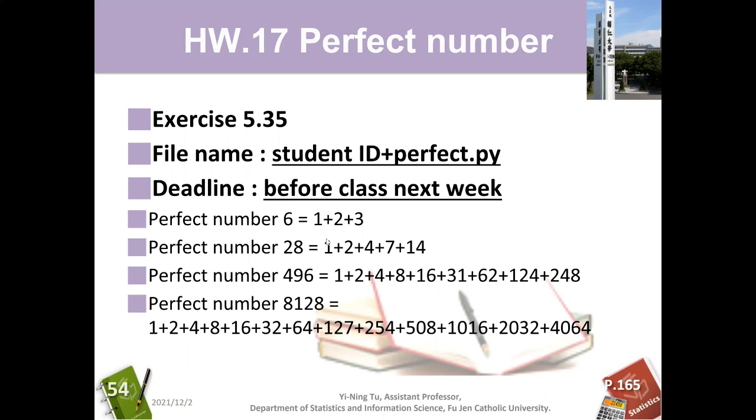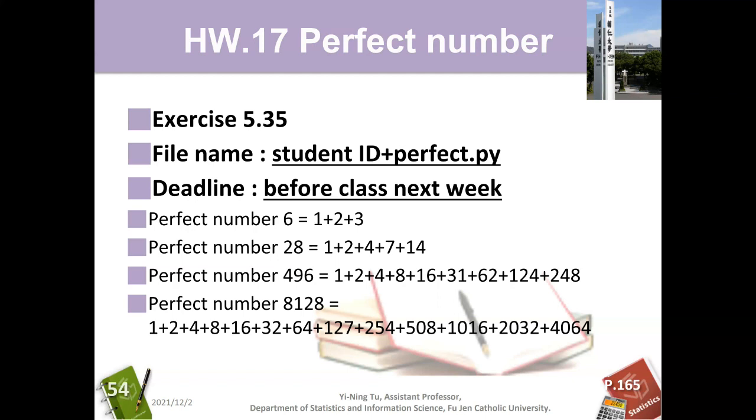So actually, when we summarize all the divisor factors, we find the sum just equals itself. So it's a perfect number. The next perfect number is 496, right? And the next is 8,128.